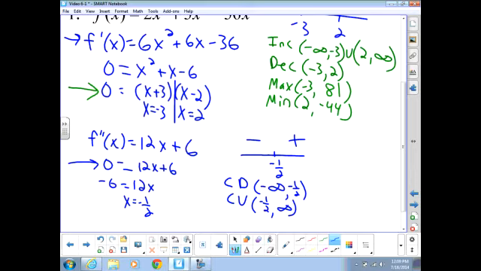Because we switched from concave up to concave down, and even if it was vice versa, that gives us an inflection point. That point is (negative 1/2, something).